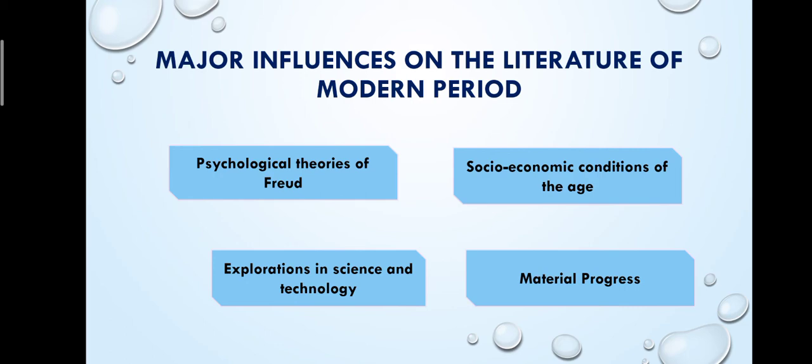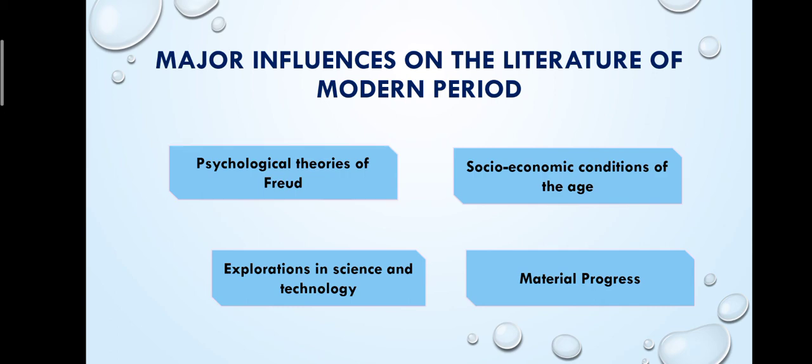Psychological theories shape the literature of this period. The modern period is also highly influenced by the psychoanalytical theories of Freud and Jung. The new psychological researches have a great impact on the literature as well, which is reflected in the works of D.H. Lawrence, Virginia Woolf, etc. In addition to this, the socio-economic conditions of the age also influenced the literature of the modern period.